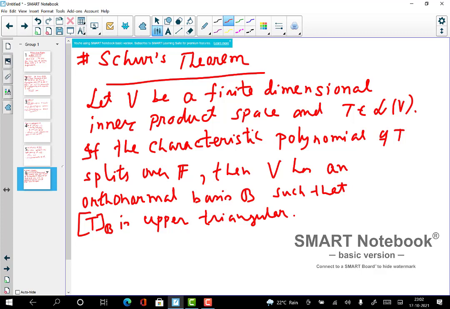Okay, and the proof is not straightforward. We need to understand the proof properly, and we will use mathematical induction, a method we have used many times here.